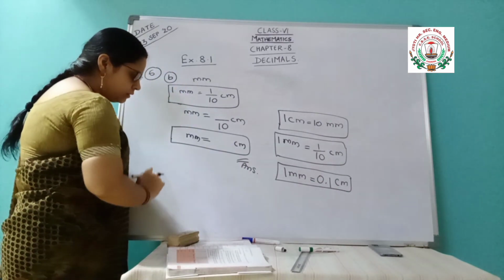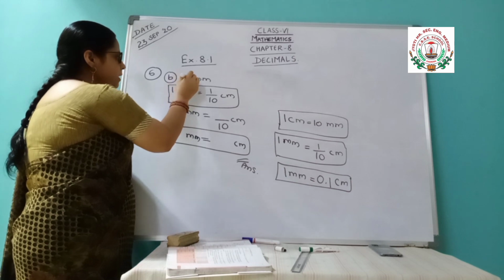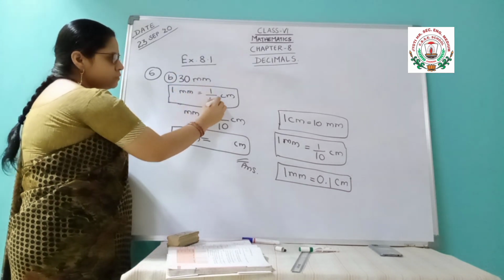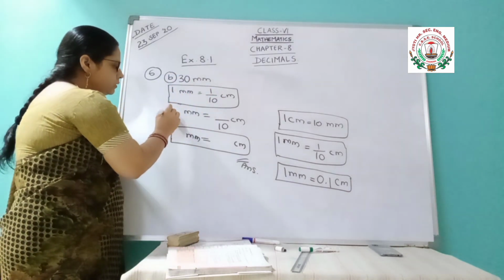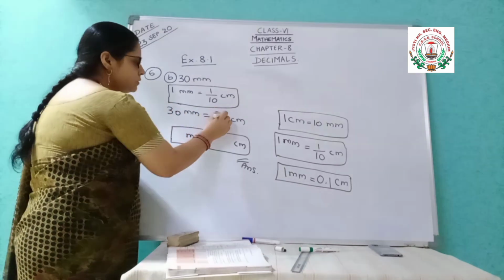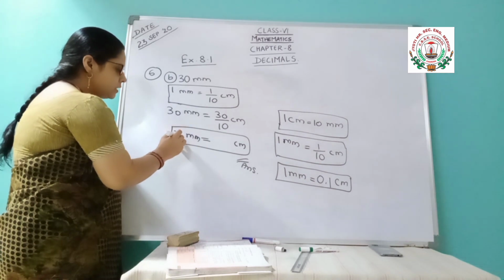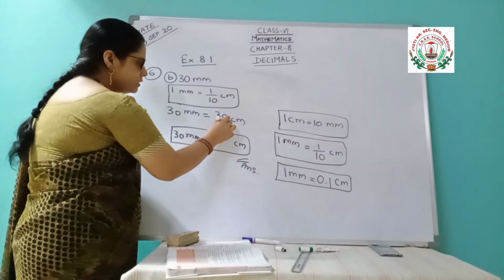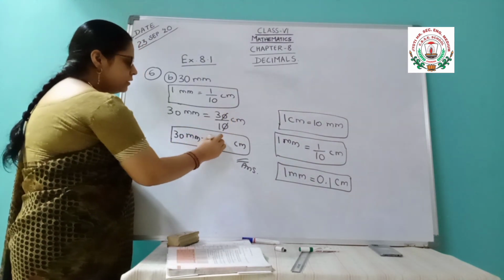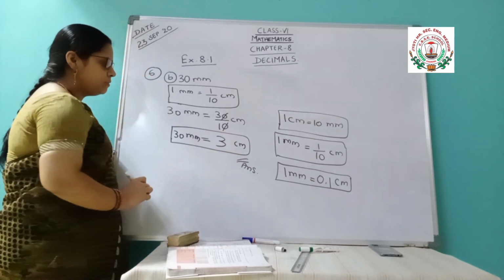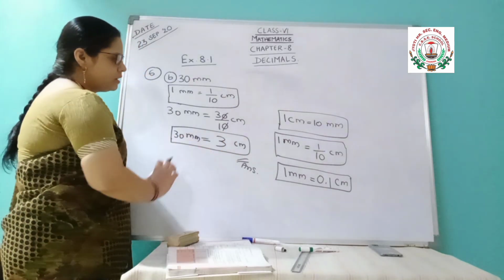Question is given 30 millimeter. Now 1 millimeter is equal to 1 by 10 centimeter. So 30 millimeter will be equal to 30 by 10 centimeter. That is, 30 millimeter is equal to, the 0 and 0 will cancel, 3 centimeter. So this is your answer.